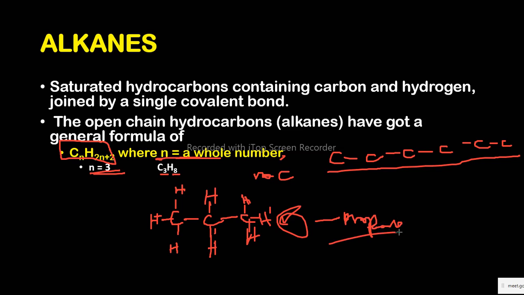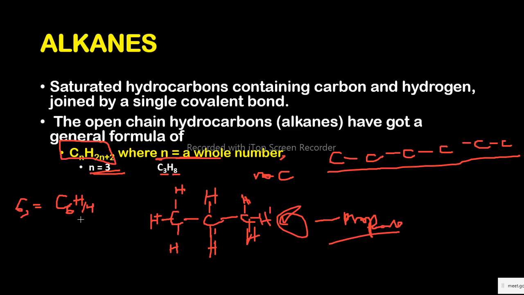Guess, if your alkane has 6 carbon atoms and it is a normal alkane, it is going to be, can you guess? Yes, it is C6H14. That's brilliant. 2n, that is 12, plus 2, that is 14.